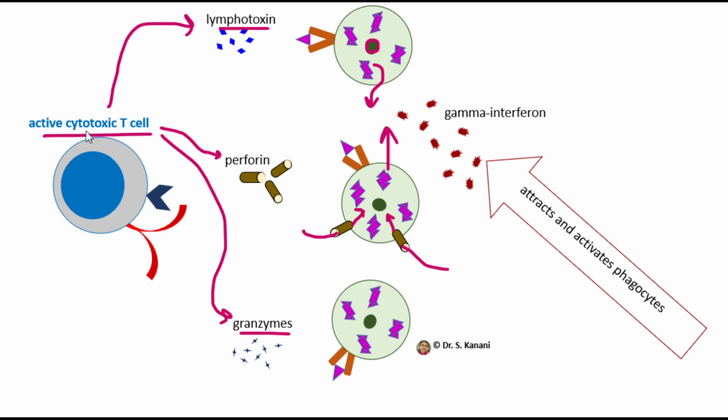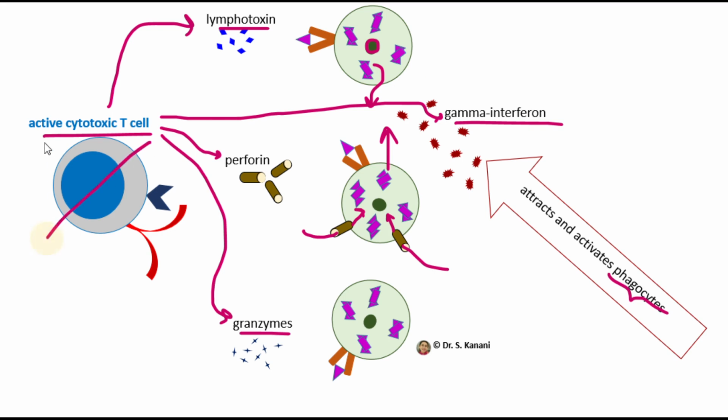And active cytotoxic T cells actually participate in this act by releasing a chemical named gamma-interferon. Gamma-interferon attracts and activates phagocytes to the spot. So we can say gamma-interferon is a chemotactic factor. And the major phagocytes in the human body are neutrophil and macrophage. So when neutrophils and macrophages get to this spot, they start phagocytosis of the remains of these dead cells and also those microorganisms that are now free.